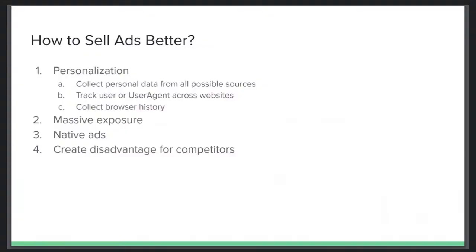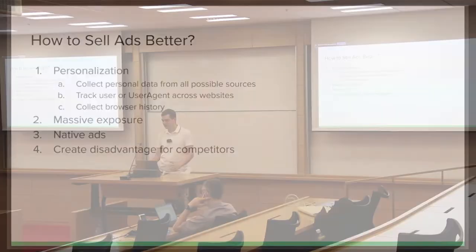So what is the catch here? If you want to sell advertisement better, you should somehow violate user privacy. This is the catch, because if you want to sell ads better, you should target advertisements. You should know more about users. So you should basically have some personal information. Like you shouldn't show female advertisement to male, and you shouldn't do vice versa.